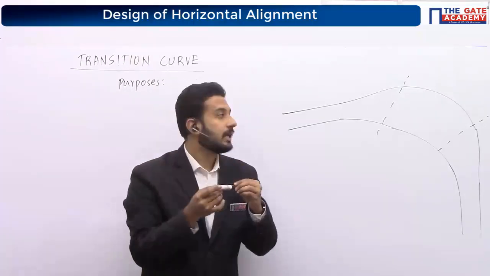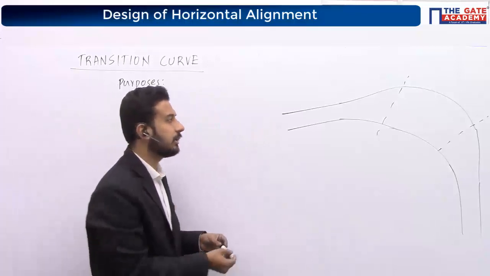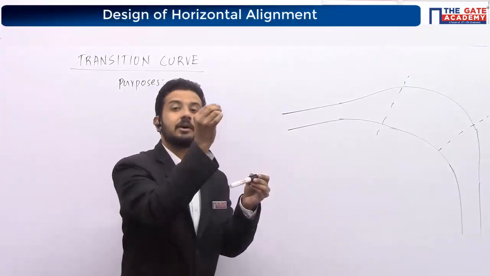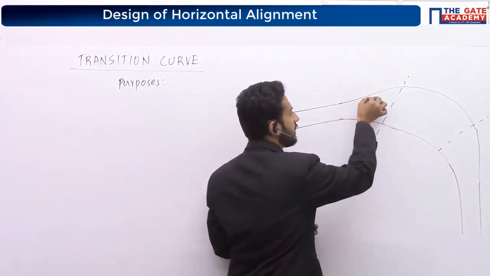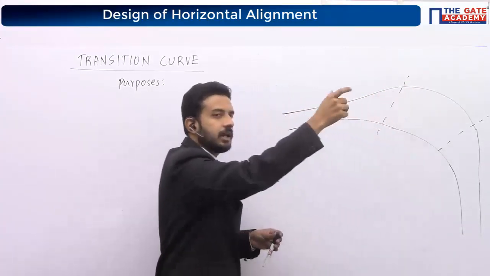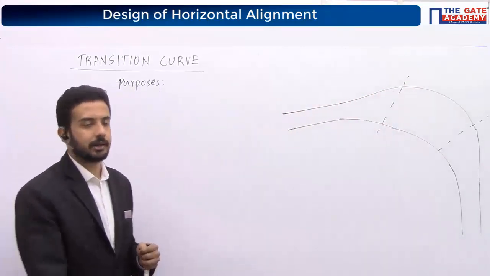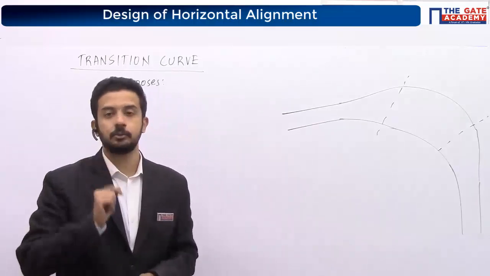So what will you do in the transition curve portion? We'll start raising our outer edge. Finally, whenever we reach the circular curve, whatever super elevation we require, that much we might have already raised, our capital E value.